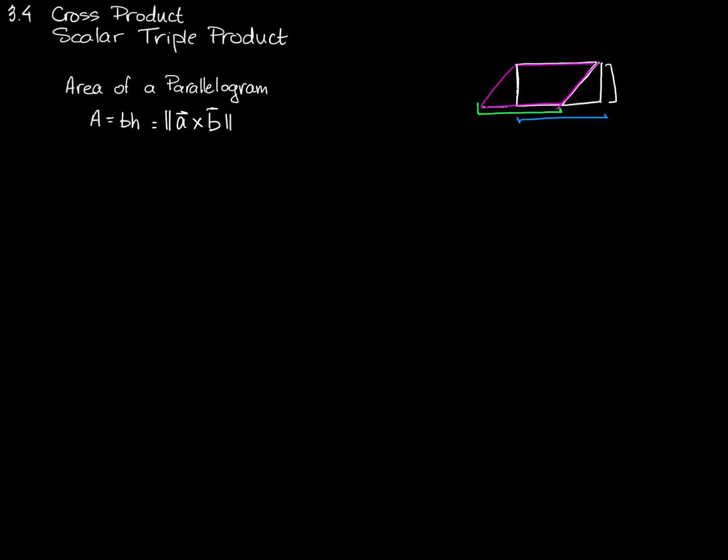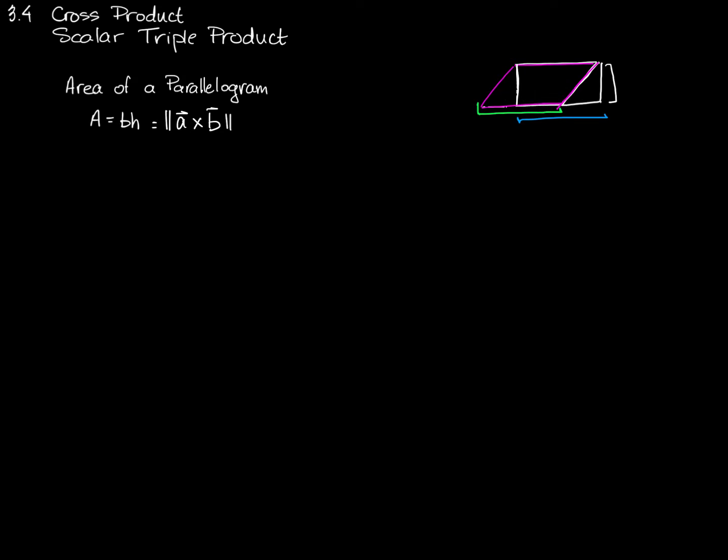If two of the sides of this parallelogram are vectors, then the cross product of those two vectors will be another vector, and it will have a magnitude. And the magnitude of that cross product is the area of the parallelogram.